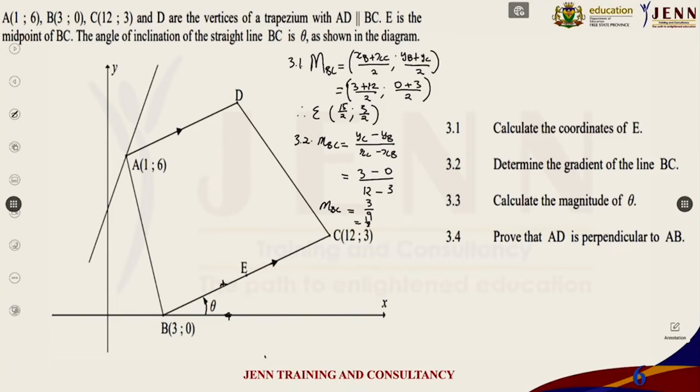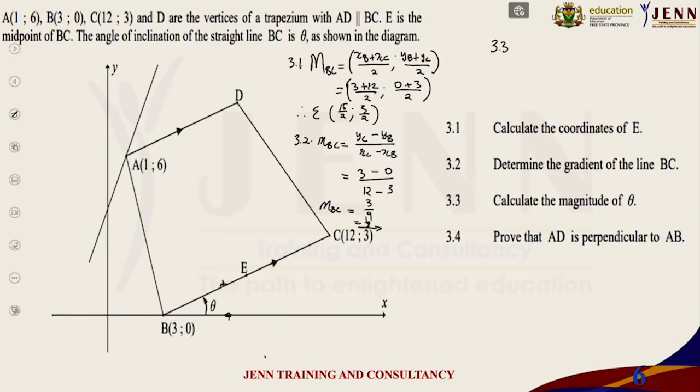Please verify it for me. Yes, 3 over 9 gives us 1 over 3. Beautiful. Then we go to 3.3. Allow me to write it over here because we have a nice space.